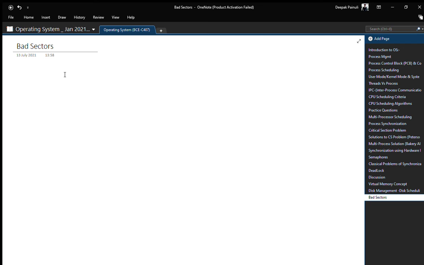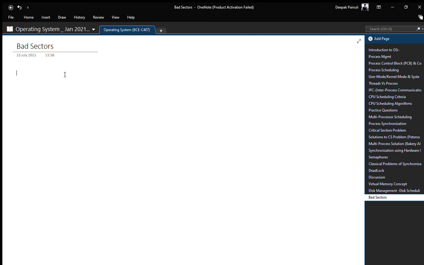As you know, the sectors which are unreadable are sometimes referred to as bad sectors. That means they are unreadable from the head, the reader and writer head.